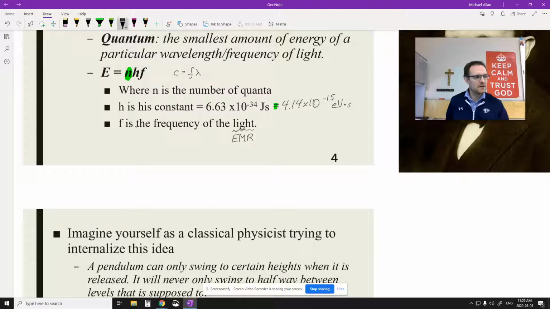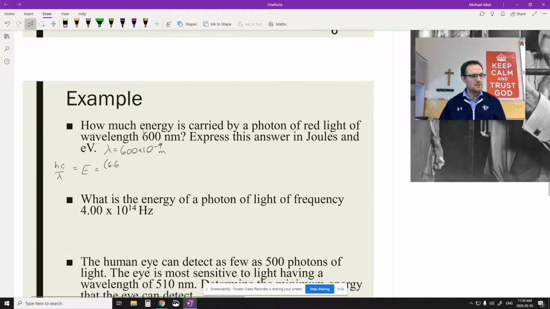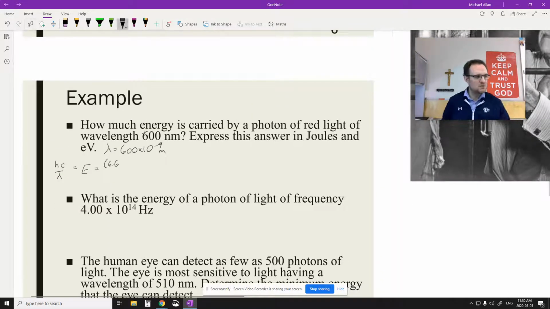So if I say f is equal to c over lambda and substitute the f in that first formula, I get h times c over lambda, and it simplifies down to hc over lambda. So that's where that comes from. Rather than changing that into frequency, I could just use the hc over lambda formula to do it for me.